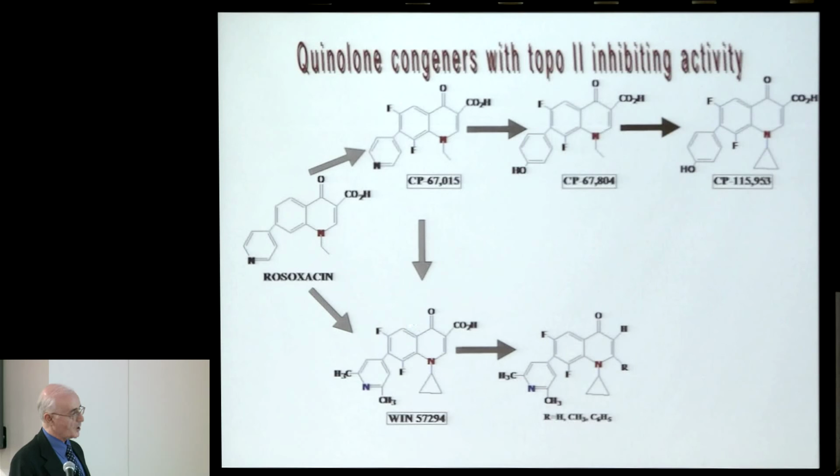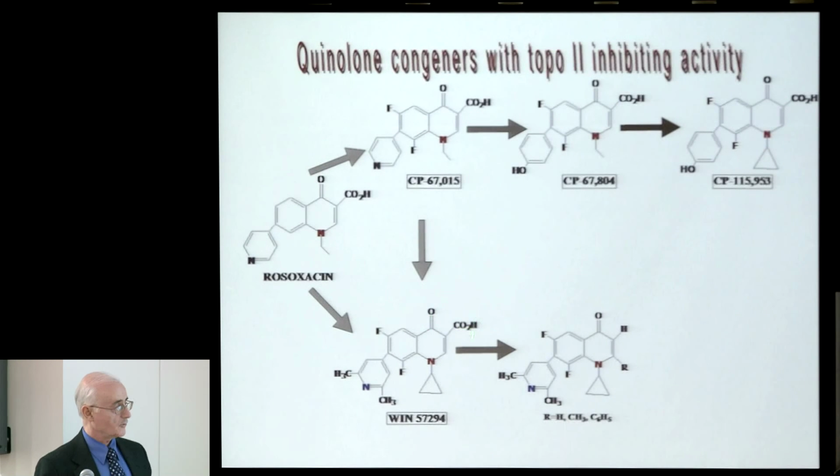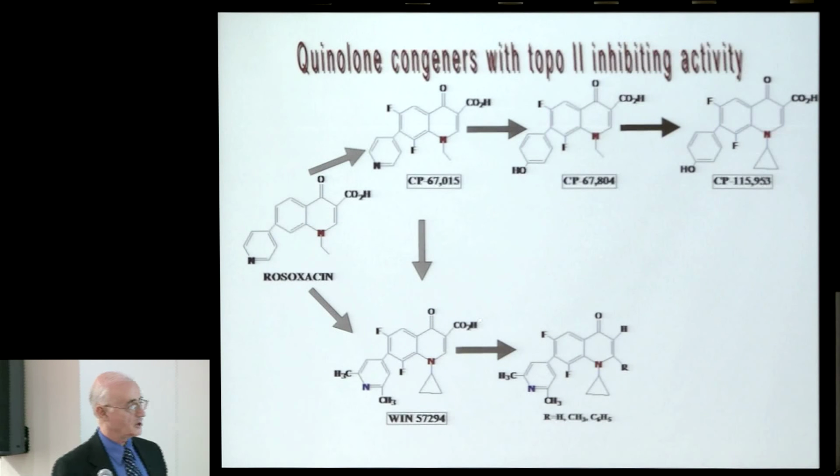Usually for topoisomerase activity, this beta-keto-carboxylic group is very important because topoisomerases are metalloenzymes. They have metal inside the active sites, and this group chelates the metal and removes it from the topoisomerase, making it inactive.